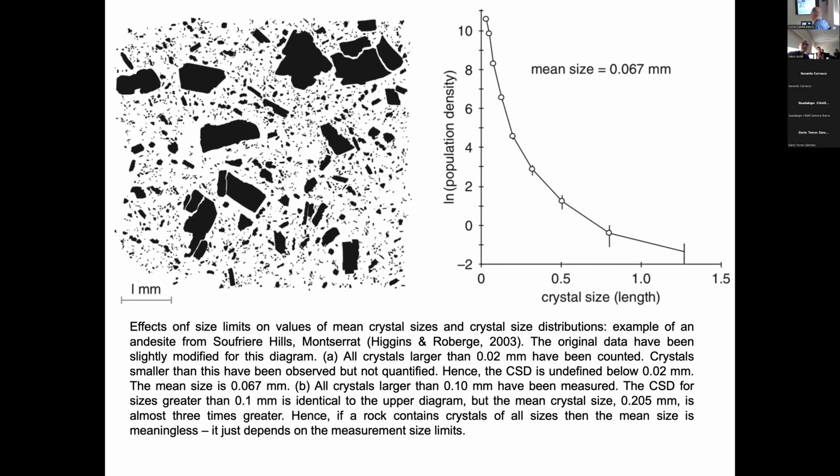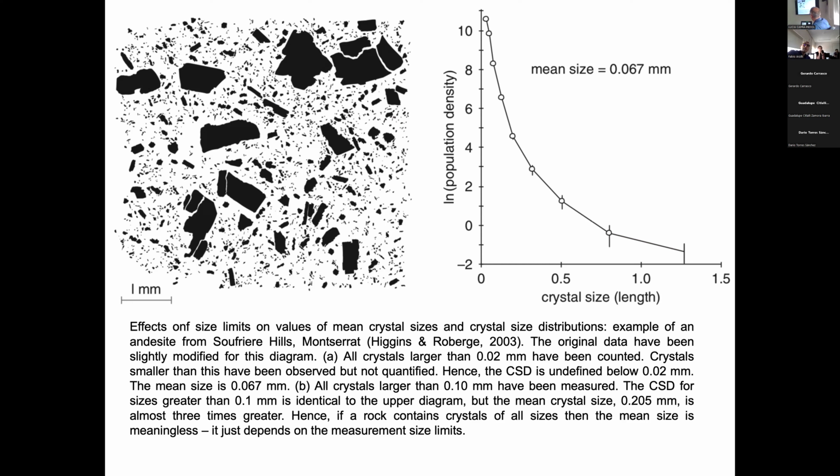What you get, once you have segmented, is that you separate your phases from the rest. Then there is an algorithm developed by Higgins in the late 90s, called CSD correction, which you combine with ImageJ, and at the end you get this relation.